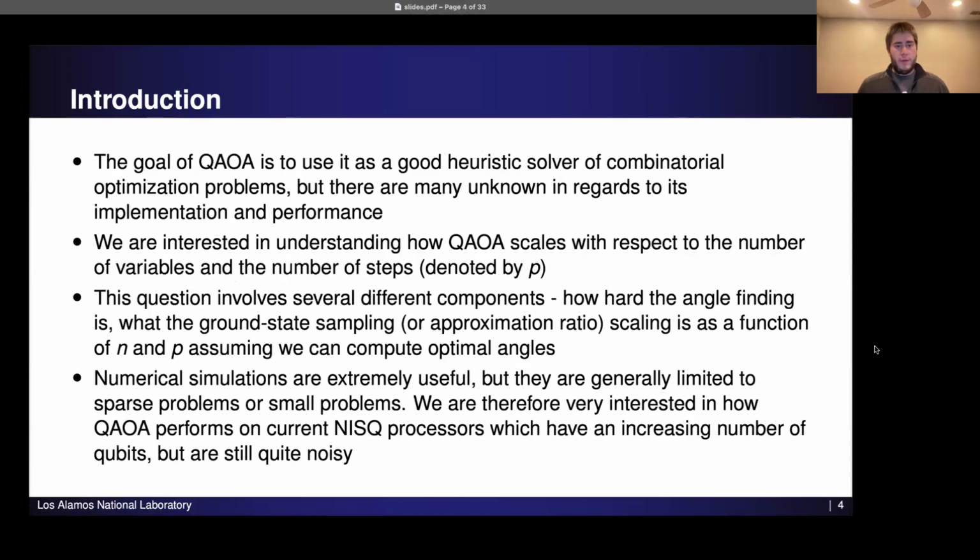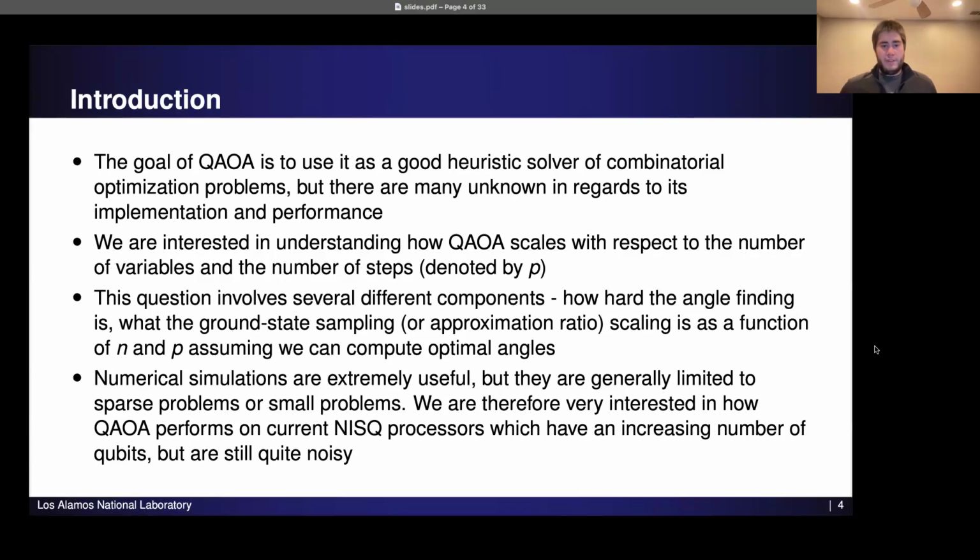So the goal of QAOA is for it to be a good heuristic solver for combinatorial optimization problems. But there are many unknown factors in regards to its implementation, its performance, different problem types. As I mentioned, there's a lot of different variants and ways that you can implement it.